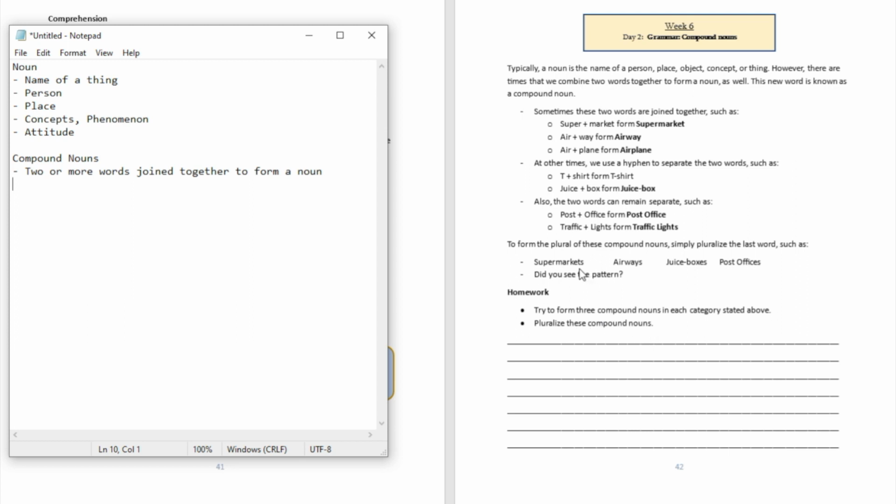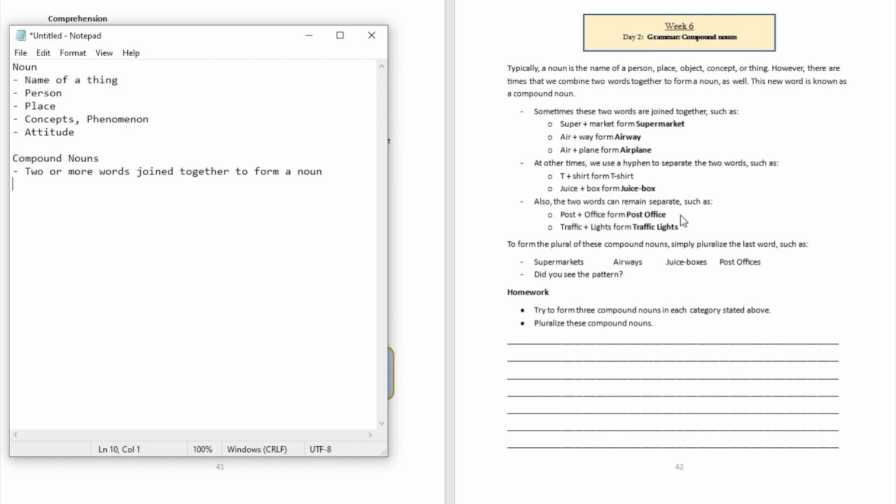So for example, in supermarket, we're going to say supermarkets. We're not going to say supers market. No. To pluralize them, you are going to put the S at the end of the compound noun. So over here, we're not going to say posts office. No. We're going to say post offices, for example.